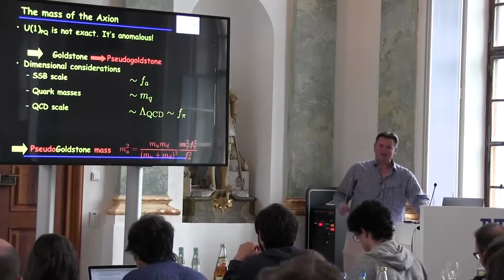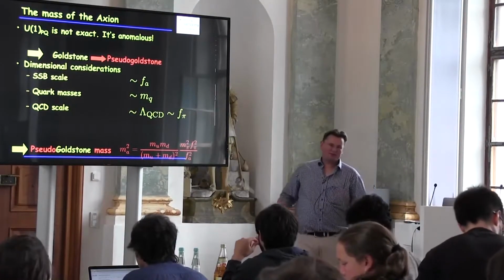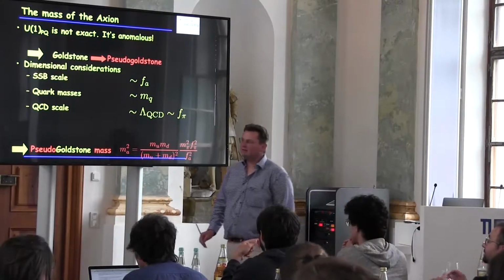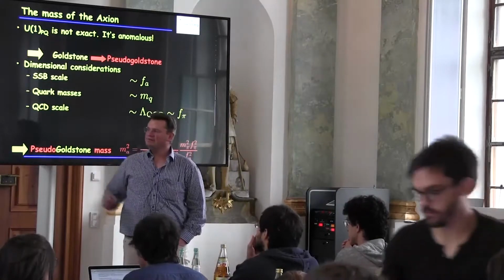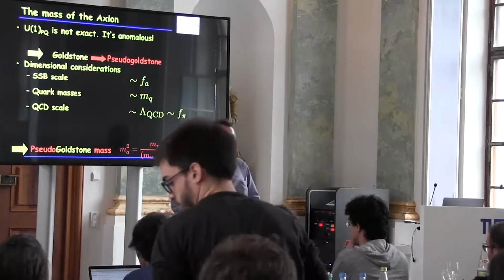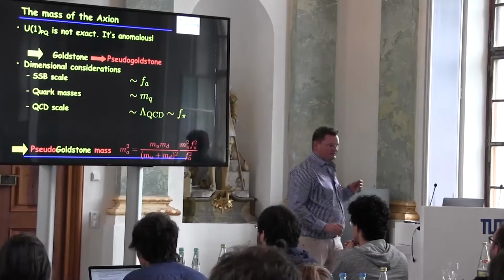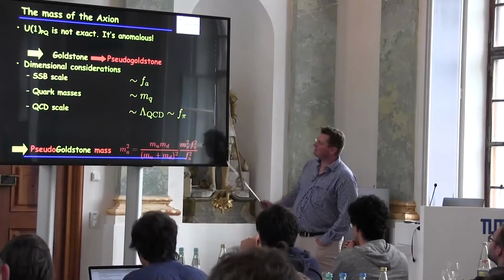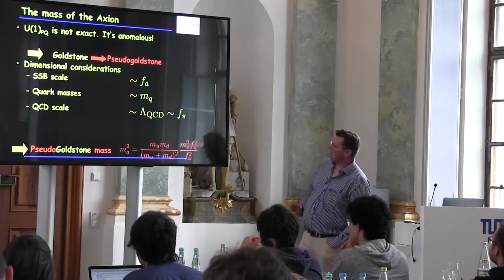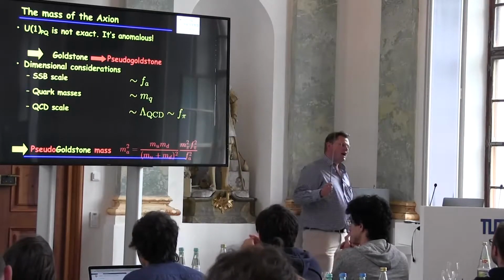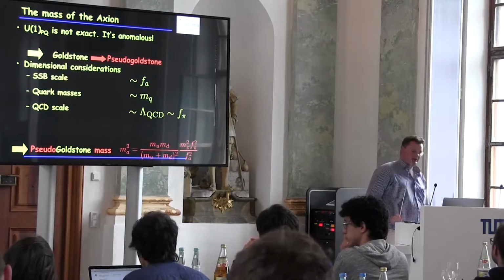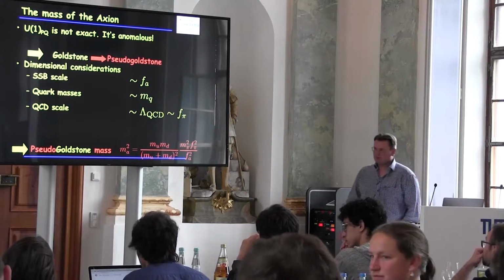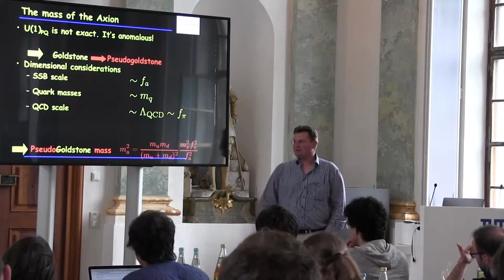Say 20 years or so ago, this was not clear, but by now lattice studies are pretty convinced that the up quark mass can't be 0, and the down quark mass definitely not. So we do have a massive axion, and we do have, in principle, an observable electric dipole moment if theta were not equal to 0.